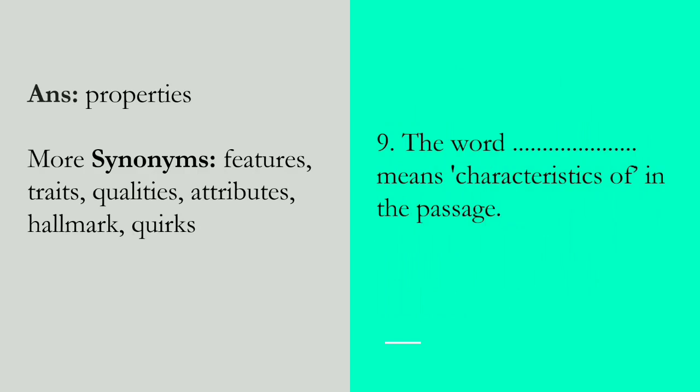So that means you need to go through the passage very keenly. Then you will find the answer, even though you come across a new word. Okay, so the meaning is properties. Anyway, more synonyms of characteristics: features, traits, qualities, attributes, hallmark, quirks. I hope everybody is familiar with these terms.